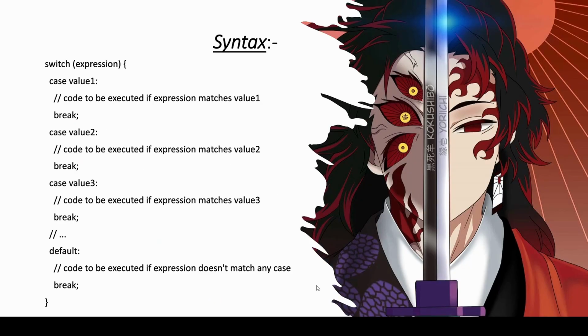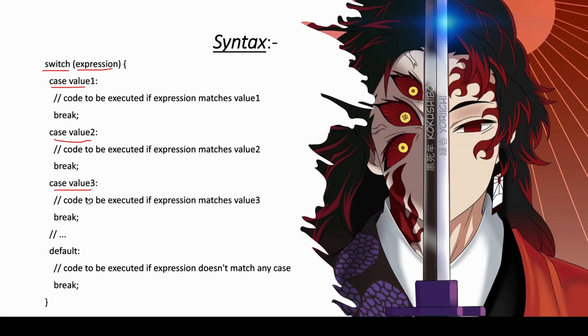So now let's see the syntax of a switch case statement. As you see, we start our program using the switch keyword, and there will be parenthesis, and inside this parenthesis there would be an expression, and inside the curly braces, there are various kinds of cases. For example, this is case 1 and this is case 2 and this is case 3.